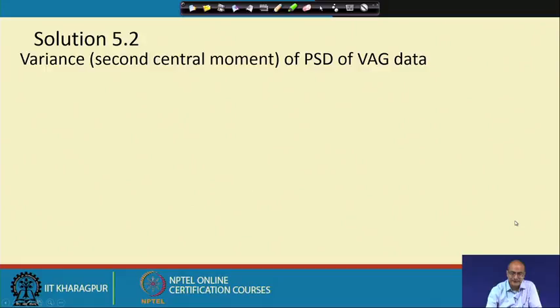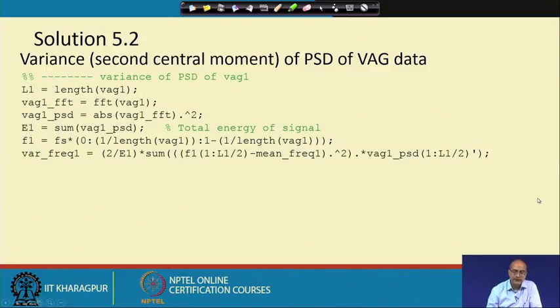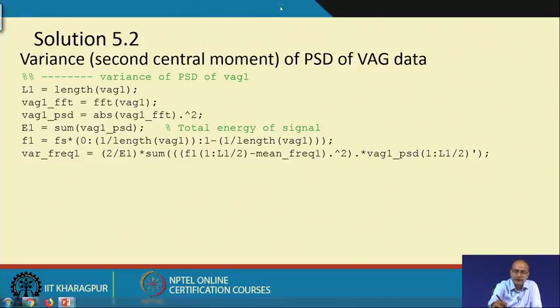Or we can say the second central moment. Here is the equation we get, and for VAG 1 first we start with that. In the same way we compute the length, we compute the FFT and we compute the PSD and we compute the frequency axis values.